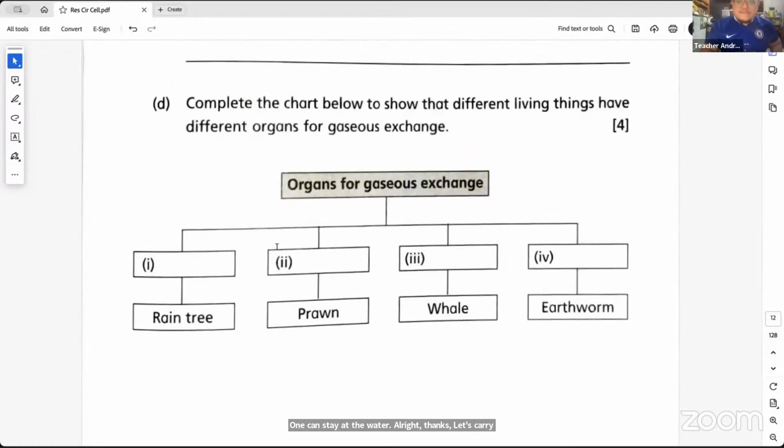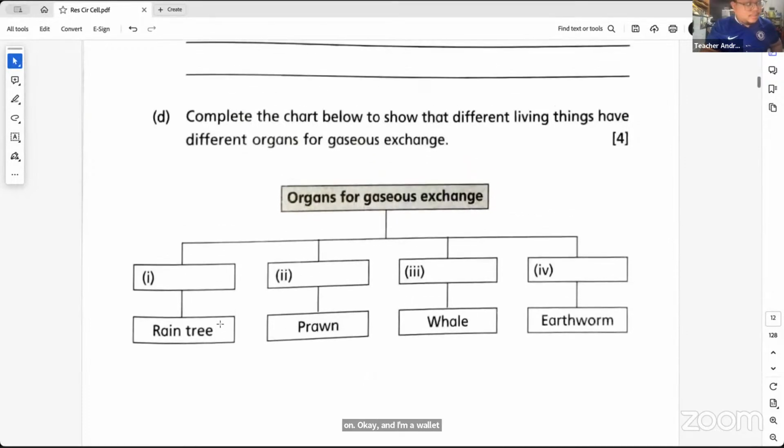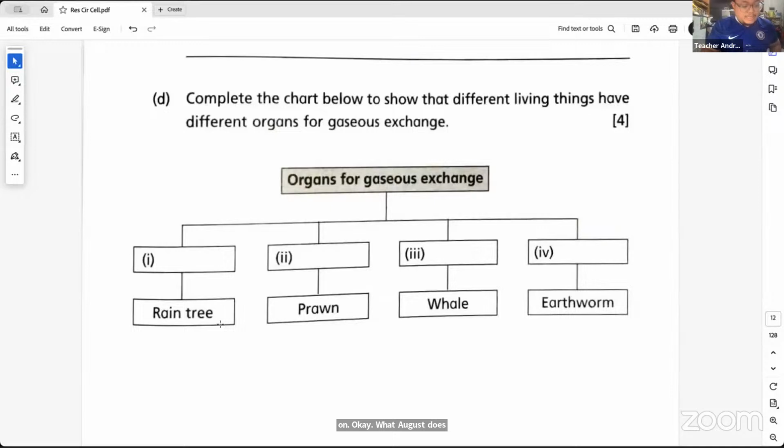Can I have a volunteer to tell me what organ the rain tree uses to breathe? Anyone? All right, for this case, the rain tree being a plant uses stomata.